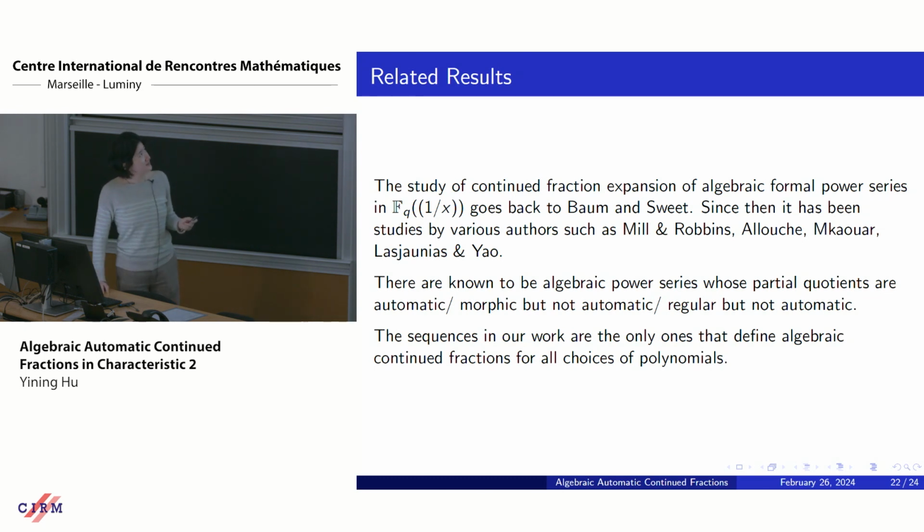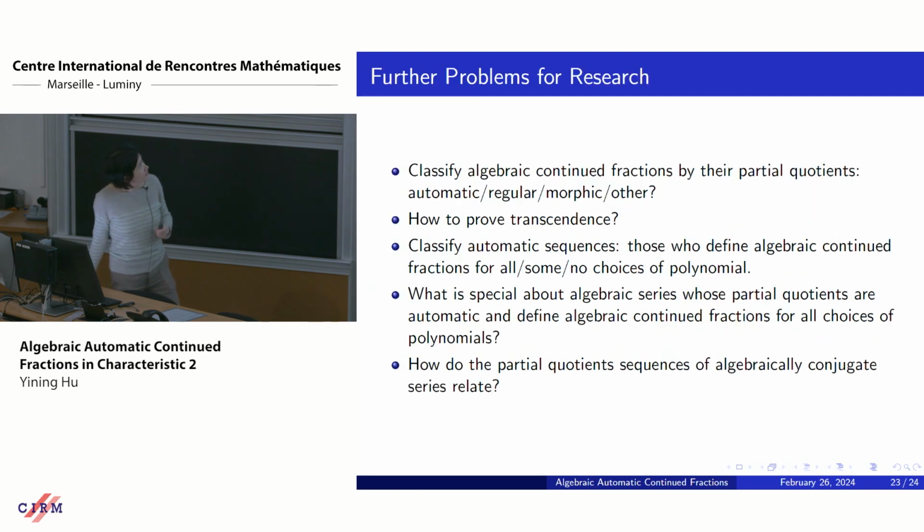Okay, and finally, from this list, we can see that there is still a lot that we do not know about the link between automaticity and algebraicity, or algebraic continued fractions in general. So we have all these problems for research.